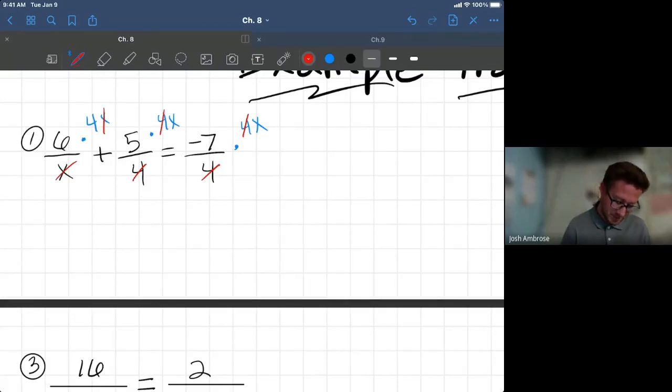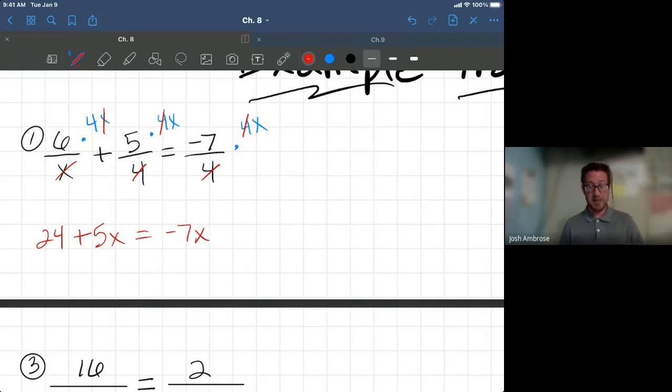So you still have 6 times 4, 24, plus 5 times x, 5x, equaling -7. There's still an x left over, so -7x. But the key thing is that all those denominators are gone. We're not dealing with fractions at all for the rest of this problem.